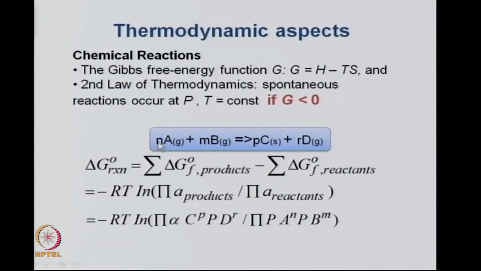So, here n moles are reacting. So, the activity of A will be raised to the power n, where n is the number of moles of A reacting with m moles of B, and so here in the product of the activities you will have B to the power m.